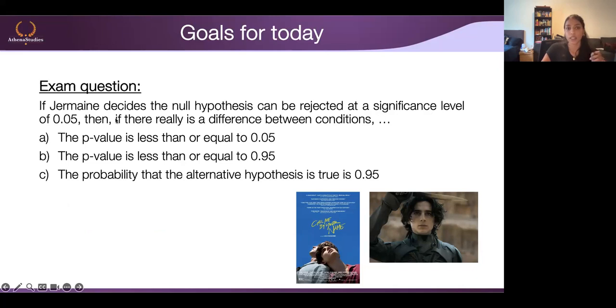If Germain decides that the null hypothesis can be rejected at a significance level of 0.05, then if there really is a difference between conditions, is the p-value less than or equal to 0.05? Is it less than or equal to 0.95? Or is the probability that the alternative hypothesis is true 0.95?